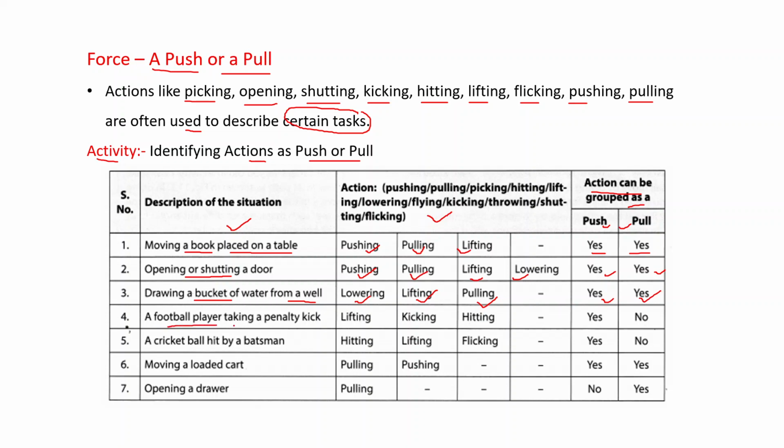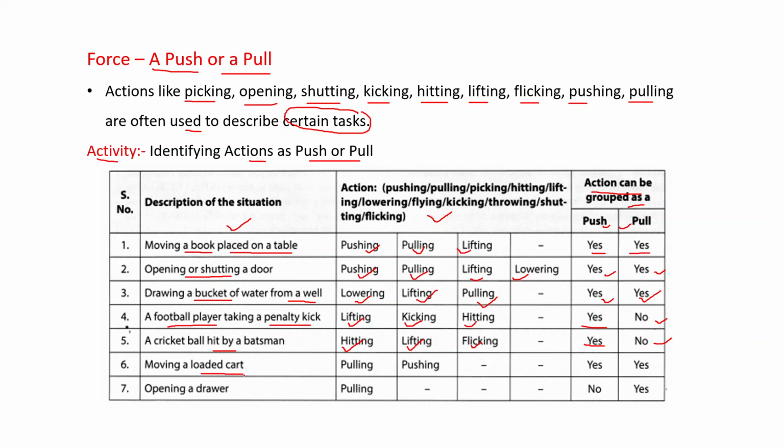A football player taking a penalty kick. In this, actions are lifting, kicking, hitting, and these actions can be grouped as push, not pull. A cricket ball hit by a batsman. Actions are hitting, lifting, flicking, and these actions are again grouped as push, no pull.